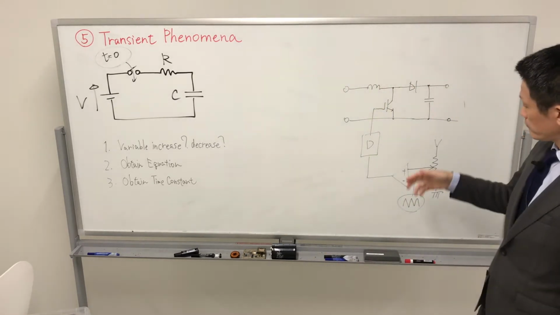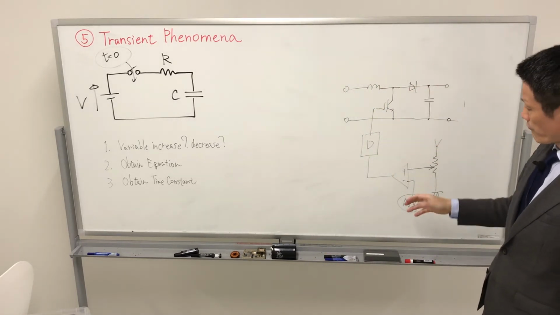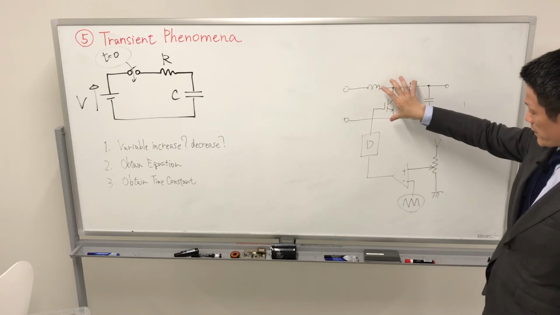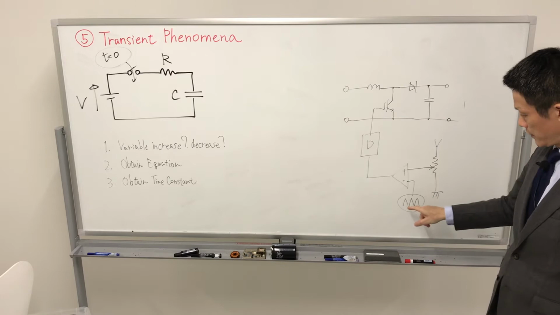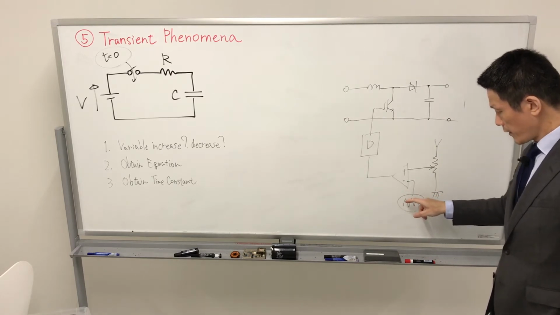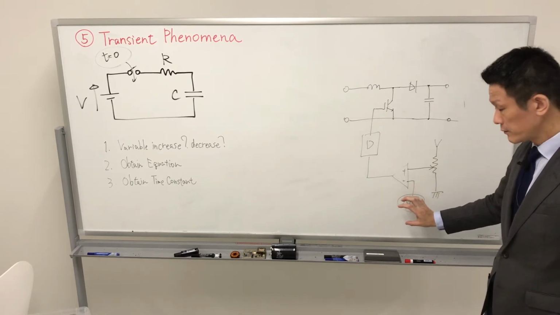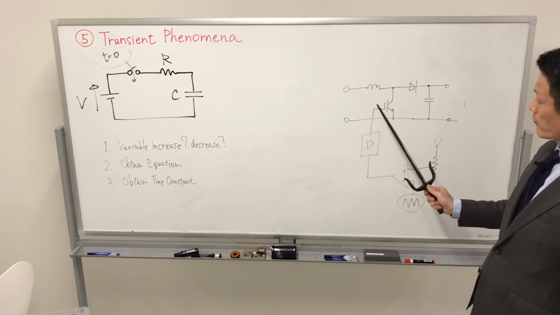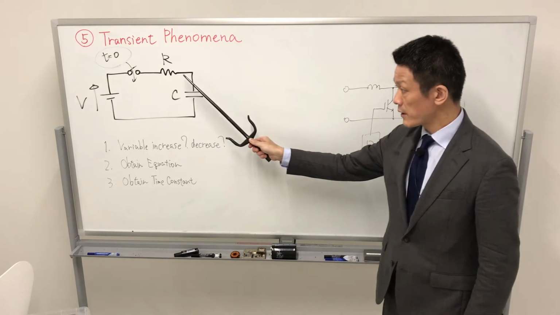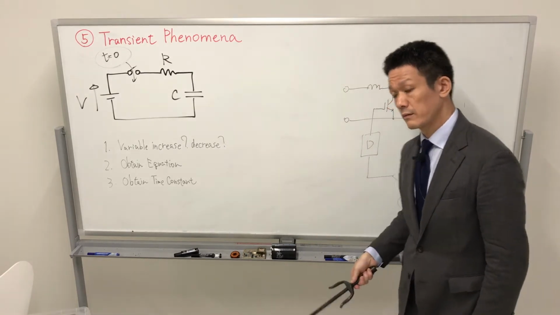And each power system, this triangle waveform generator and drive circuit, is composed of the resistance and capacitor.